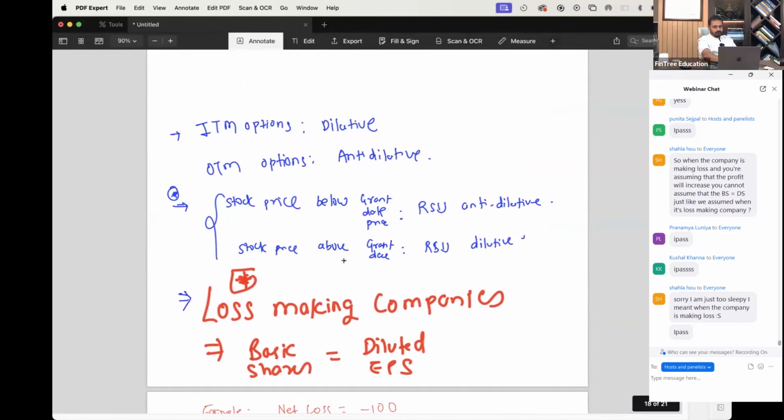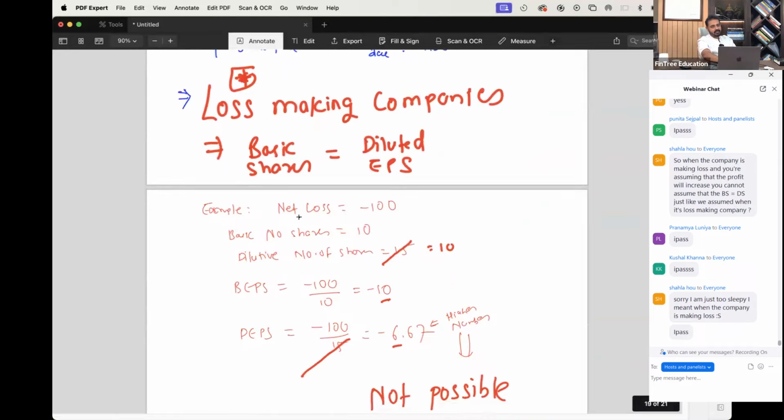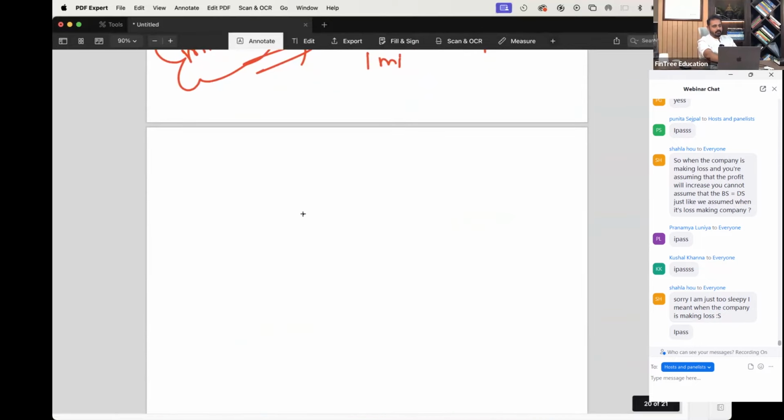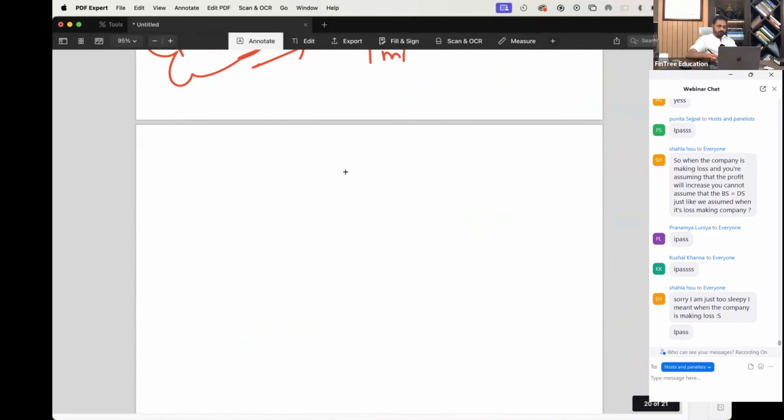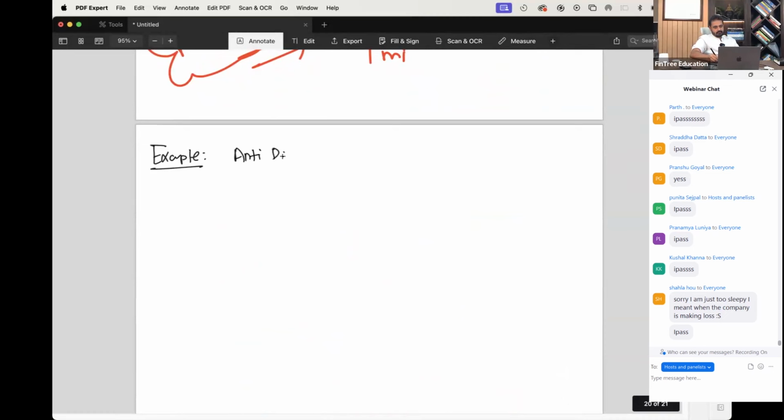Okay. Now, getting back to the RSU part, I just told you RSUs can become anti-dilutive once in a while. Let me show you how. Example on anti-dilutive RSU. Imagine you issue 100 RSUs to employees.